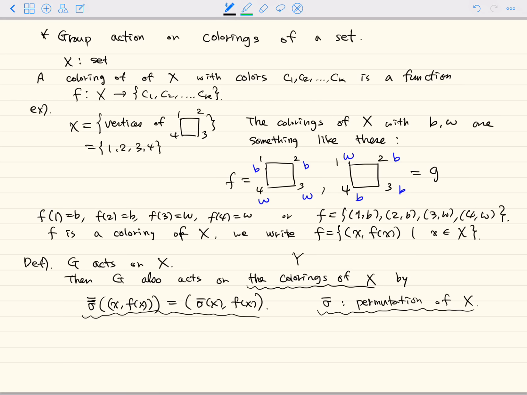So sigma double bar is a permutation of Y, the colorings. All right.